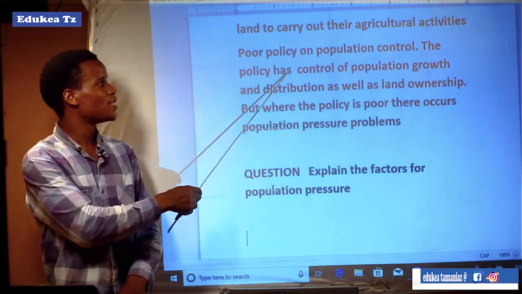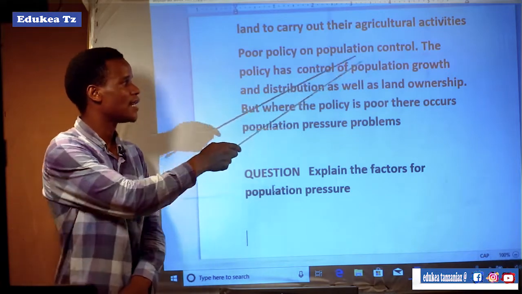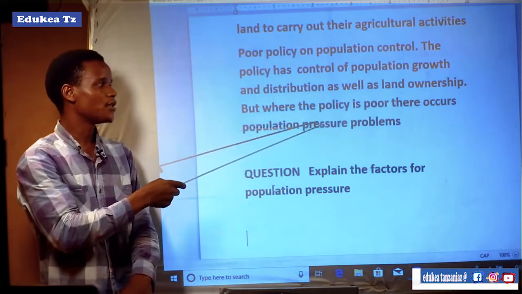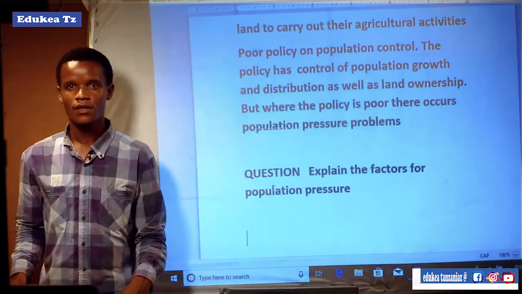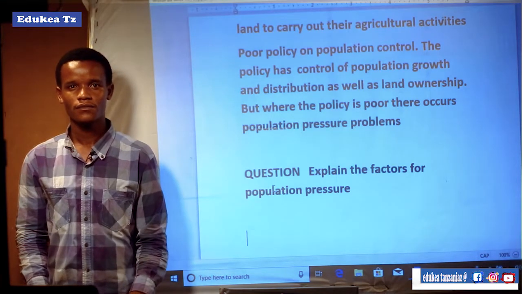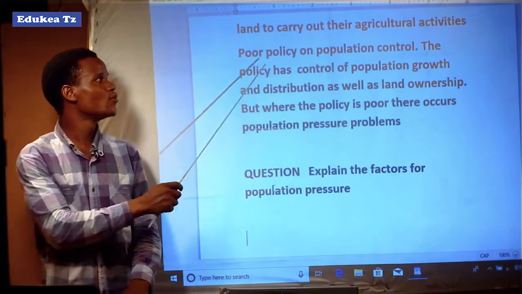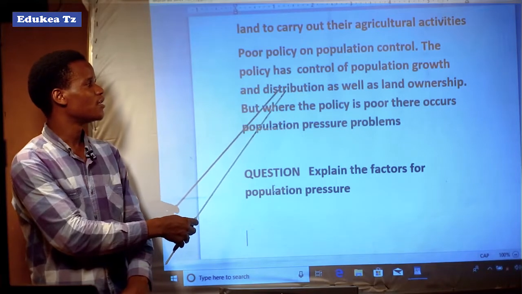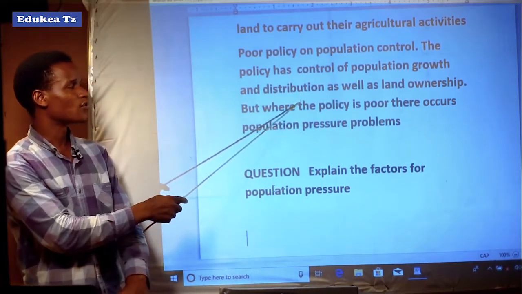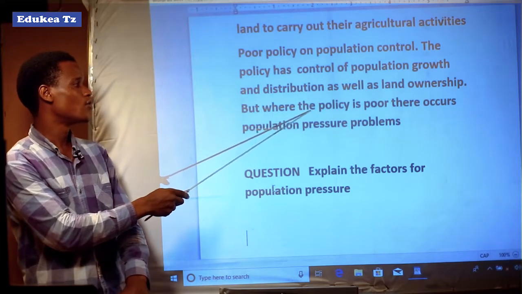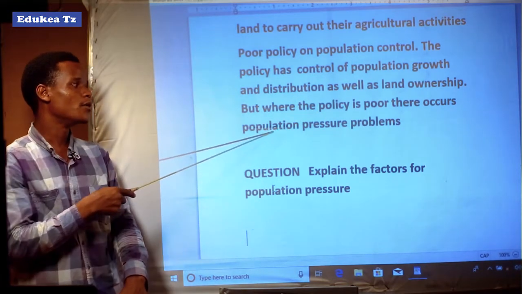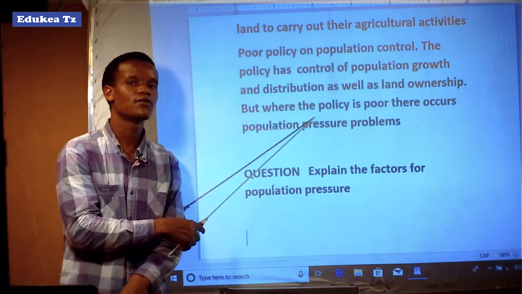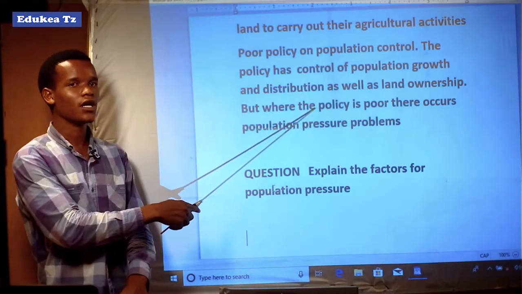The policy controls population growth and distribution as well as land ownership, but where the policy is poor, population pressure problems occur. Here we see the rules and regulations put in place by the government. Places that follow those regulations tend to have a stable population, compared to areas that do not follow them, which tend to have population pressure problems, since they do not follow the regulations kept by the government to maintain a stable population for economic development.